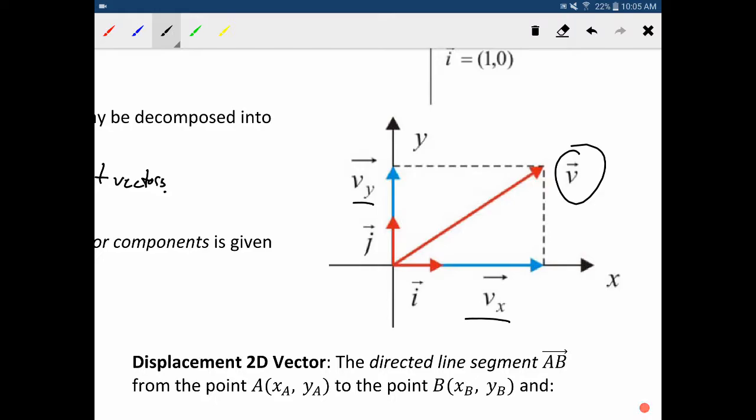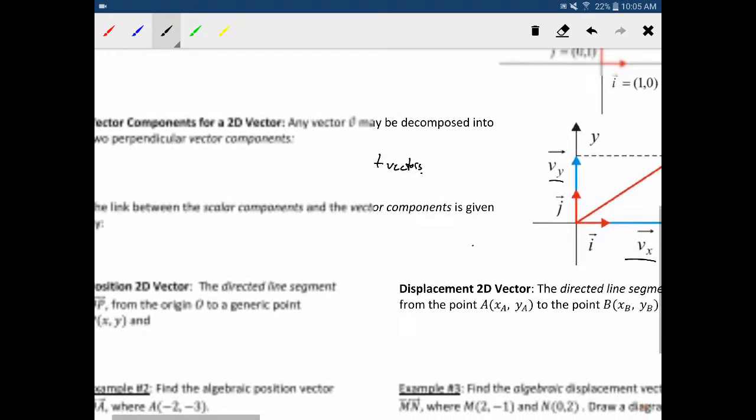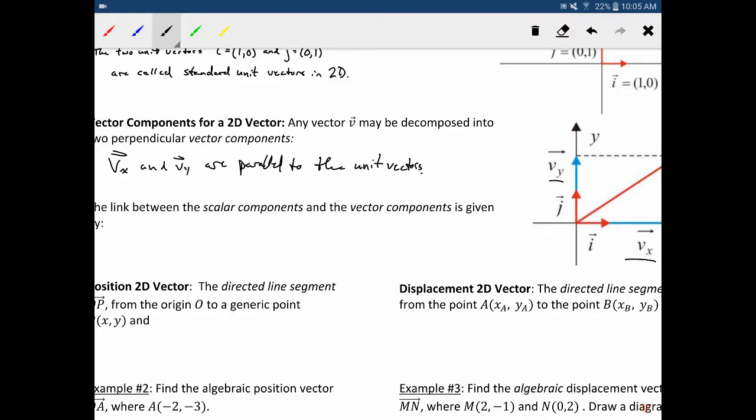This one, Vx, is like 3 of the i's and 2 j's. If we add 3 i's and 3 j's, it'll build us this vector. This is true for any vector in 2D. We can build it out of these two unit vectors.